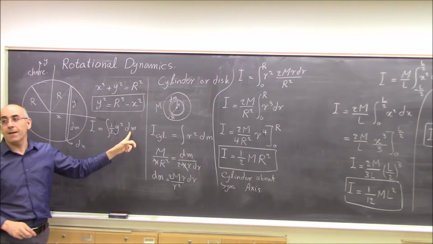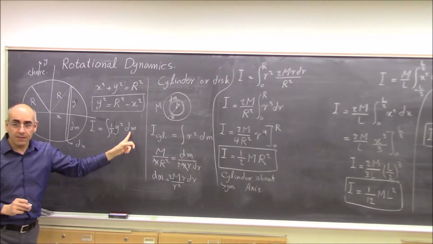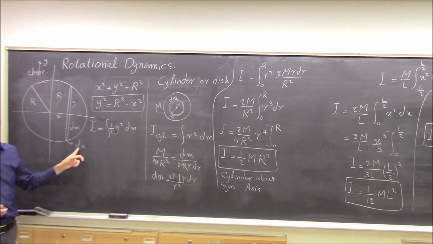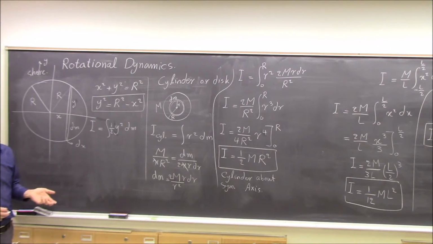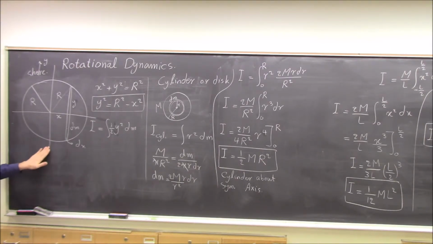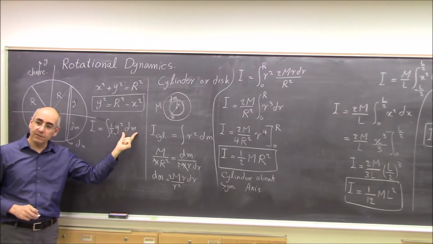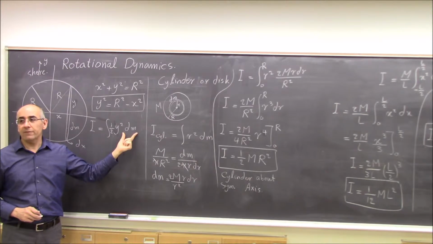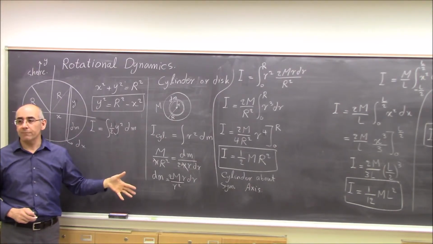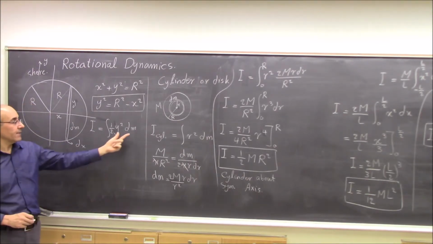But what is dm? We need to write dm in terms of dx and y and x. How do we do that? That's the tricky part in each of these integrations. The hardest thing is to come up with that differential. If you come up with that differential, then everything will be simple. Okay, what is that?